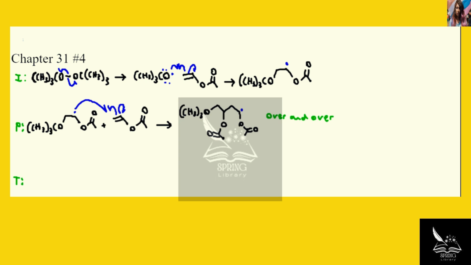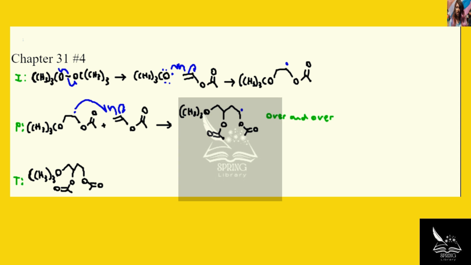Remember there are different possibilities for the termination step of a free radical chain reaction. Basically, anytime two radicals encounter one another and react with one another, the resulting product does not have a radical in it anymore, and so the reaction is stopped.